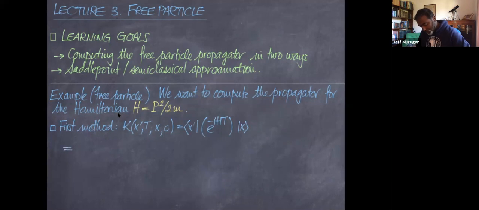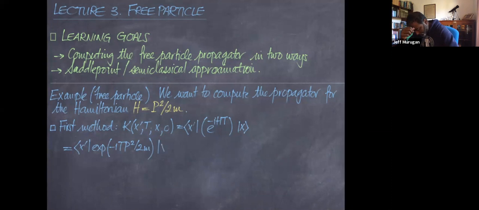So this is equal to x prime, the exponential of minus i t p squared over 2m, which is equal to x prime, exponential of minus i t capital P squared, this being the momentum operator, over 2m.